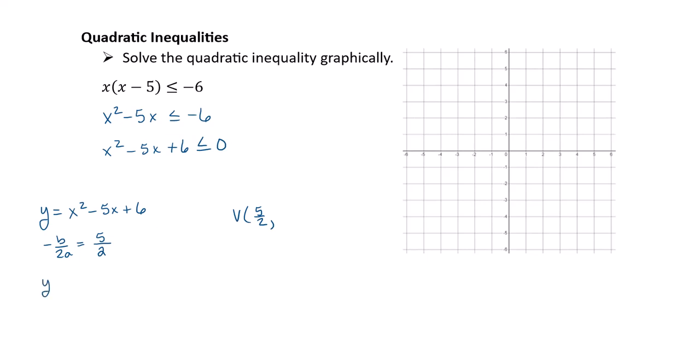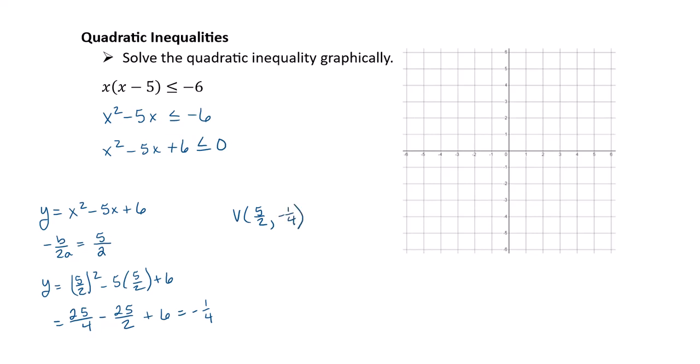And then plug that into the function, and we'll go ahead and get the y part of the vertex, the k. And so I'm going to have 5 halves squared is 25 fourths minus 25 halves plus 6, and that is a negative 1/4. So my vertex is at 5 halves, negative 1/4.